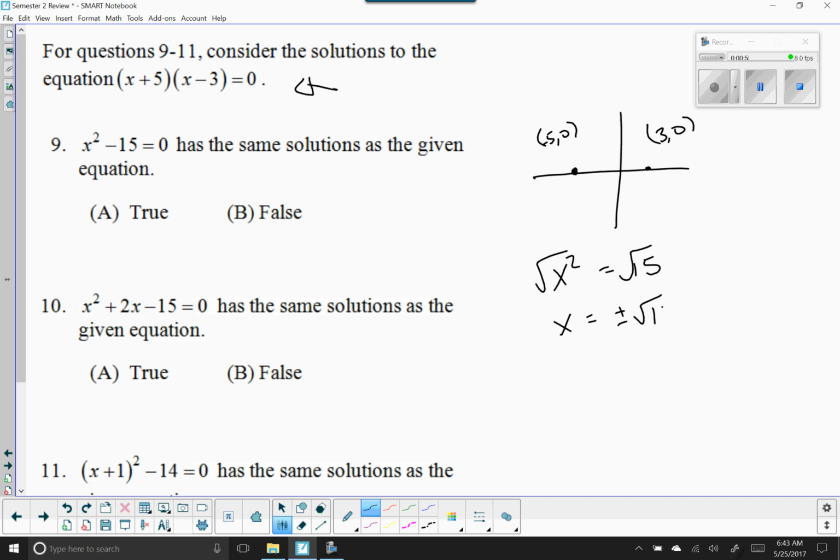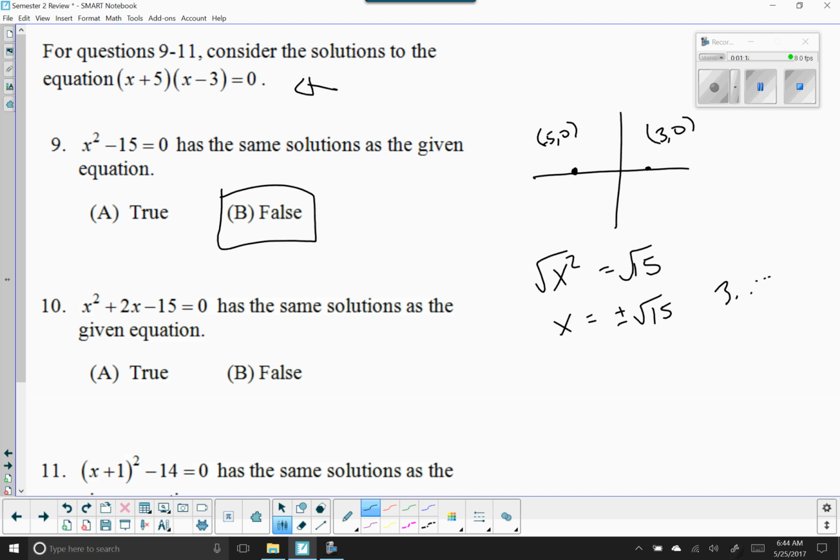I don't think so. So the square root of 15 is going to be around plus and minus, well, the square root of 16 is 4, so it's 3 point something. So that would be plus and minus 3 something. That doesn't work, because we're supposed to be at negative 5 and 3.